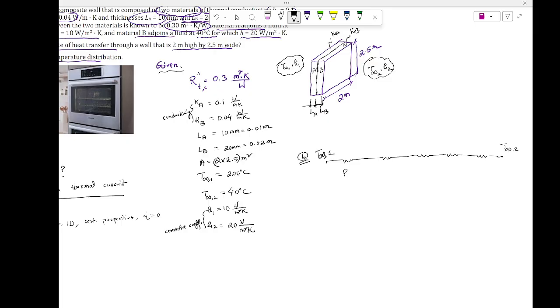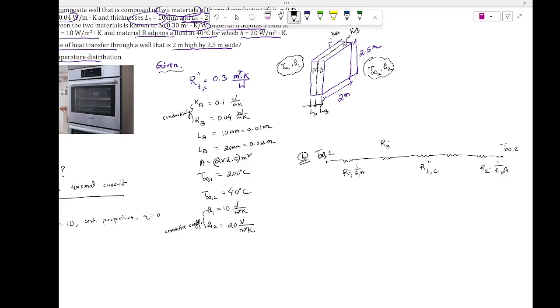Okay, and then say this is your R1, this is your R2. Those are for convection, can be written as 1 over H1A, 1 over H2A. The middle one is RTC, the contact resistance.